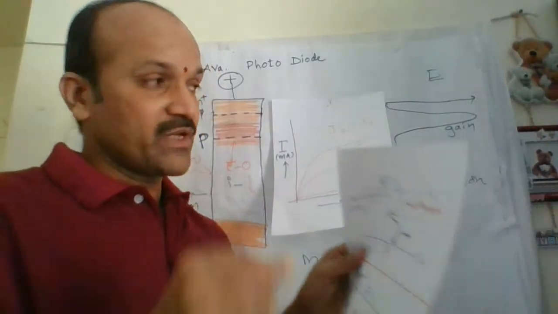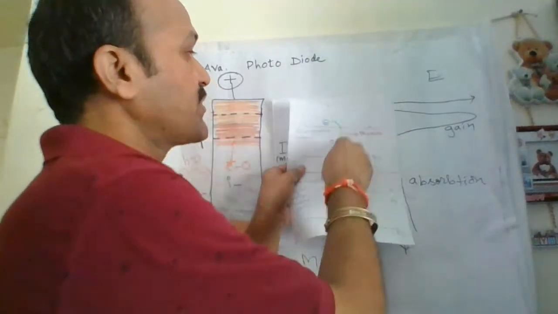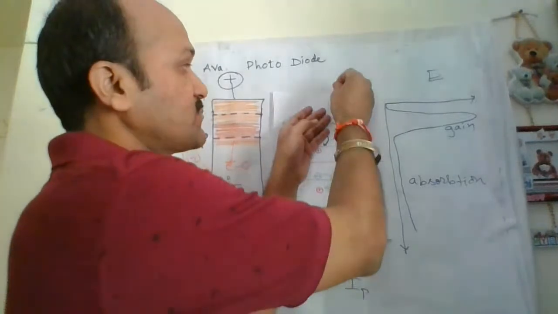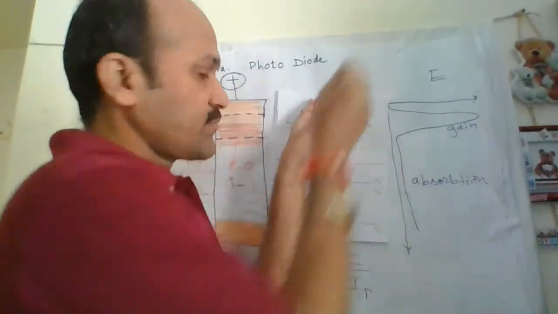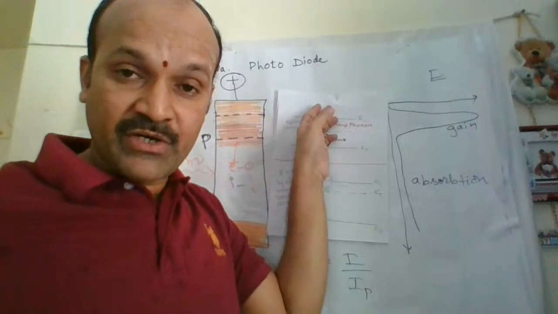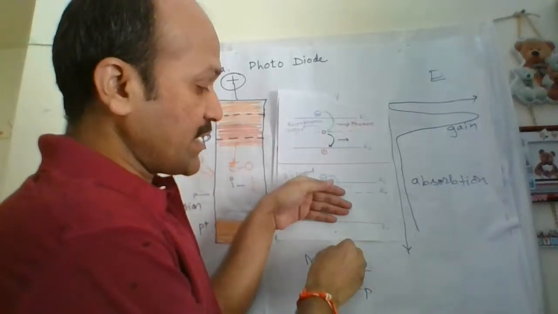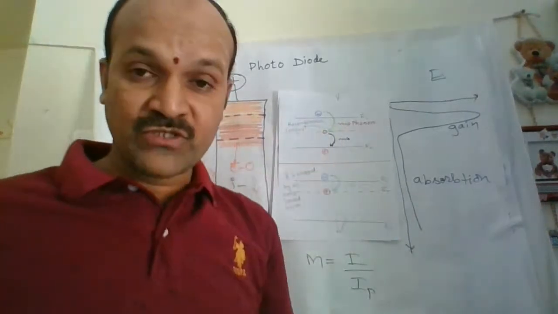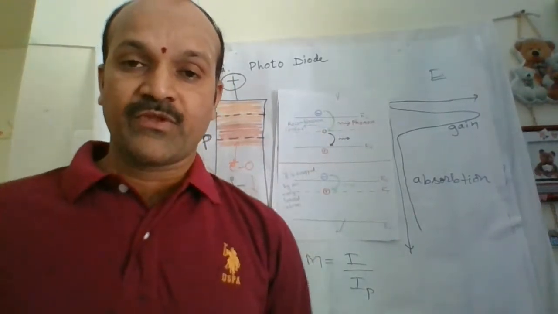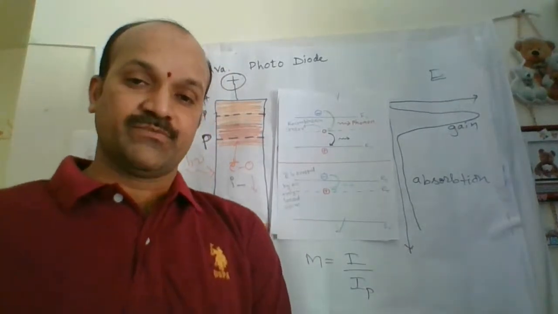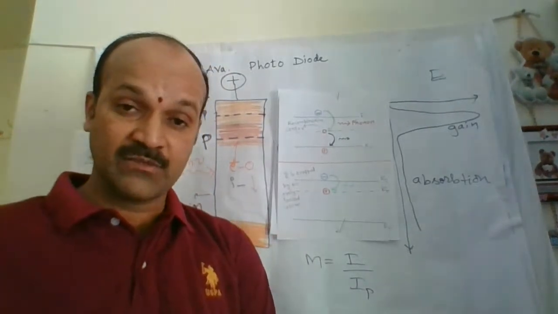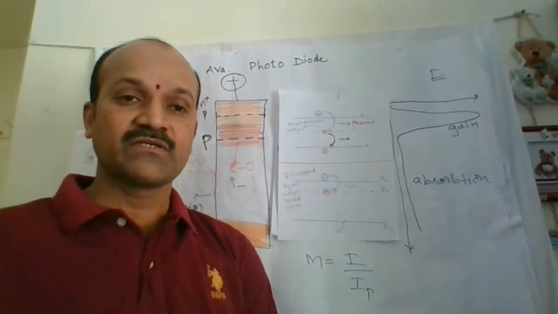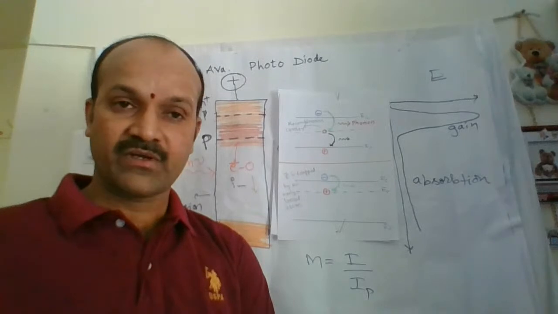Generally, radiative recombination takes place in direct band gap semiconductors, where at zone center k equal to 0, the maximum value of energy of valency band and minimum energy of conduction band is present at zone center, right?